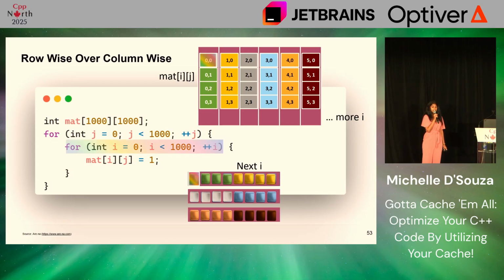Now, if your inner loop is indexing based on I, and it's basically incrementing I, what's going to happen is you look at your first element, that's fine, but then you skip over some of those elements in your cache, even though at some point you're going to come back to them, and you look at the next I, so I equals 1, and that's what you see.